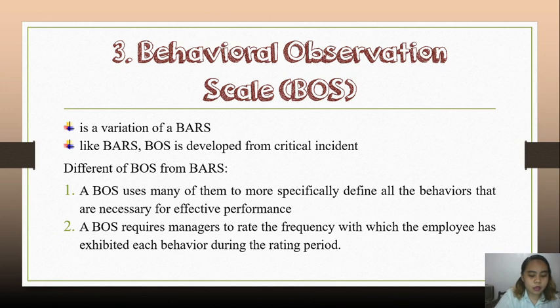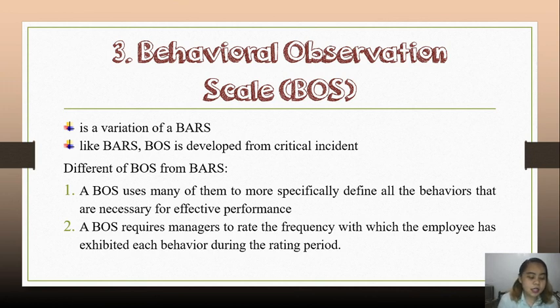So first, rather than discarding a large number of behaviors that exemplify effective or ineffective performance, BOS uses many of them to more specifically define all the behaviors that are necessary for effective performance.